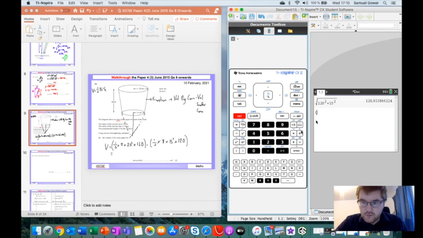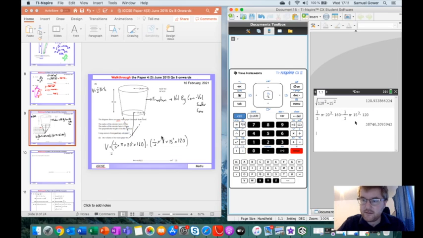So we press control, 1/3 times pi times 20 squared times 160 minus, open brackets, again we want a fraction, control divide, 1/3 times pi times 15 squared times 120. Very important, we're using the answers from part A.